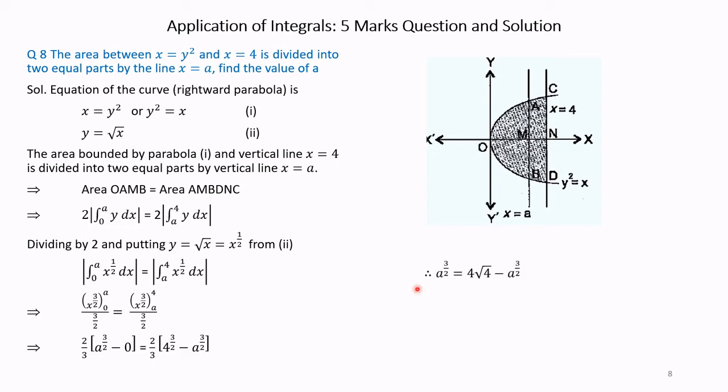Therefore, rearranging, taking terms on the left side, the 2 by 3 gets cancelled. So, a to the power of 3 by 2 is equal to 4 to the power of 3 by 2, that is 4 root 4, minus a to the power of 3 by 2.